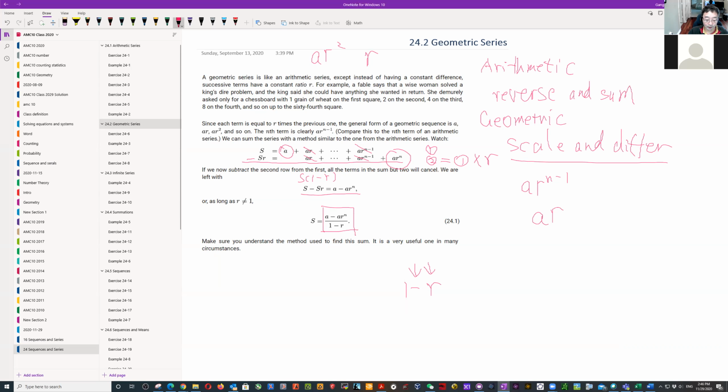So that's minus A R to the nth. For me this is very easy to remember. I usually remember it as A times 1 minus R to the nth, over 1 minus R. Either way is fine, you can remember it both ways.